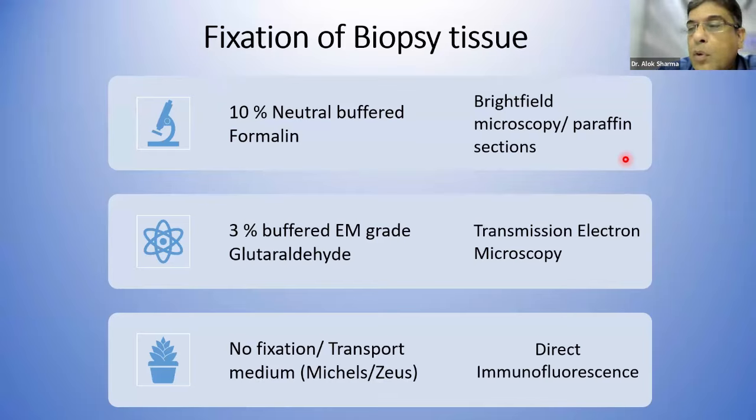And for direct immunofluorescence, although we do not use any fixative, you need to put it in a transport medium. The most commonly used transport medium is Michel's fluid, which you can prepare in your own laboratory. So there have to be three cores, at least, in the vials. You can take two cores and divide one and then put in two. But at least there need to be three specimens per case if you are doing electron microscopy, to be able to do a good renal pathology examination.